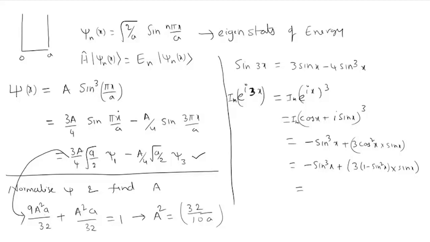Because each one has a root 2 over a, right? What is psi 1? Psi 1 is root 2 over a sine pi x over a, right? Yes, sir. But this term, this root 2 over a, is not there. I have to multiply and divide. Okay, sir.